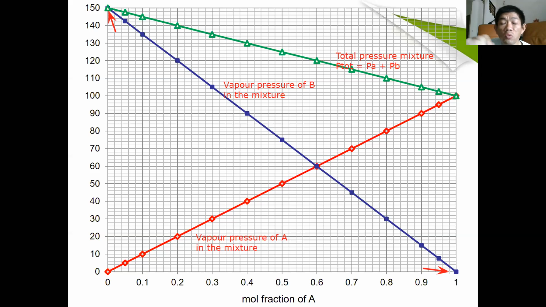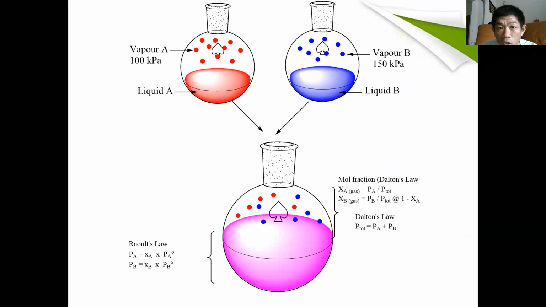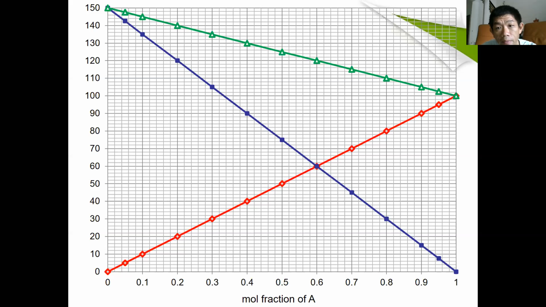Okay, so this is what this graph is all about. So now, this graph is generated based on the formula and the data that we have seen just now, okay? These are the informations that we transfer into here.